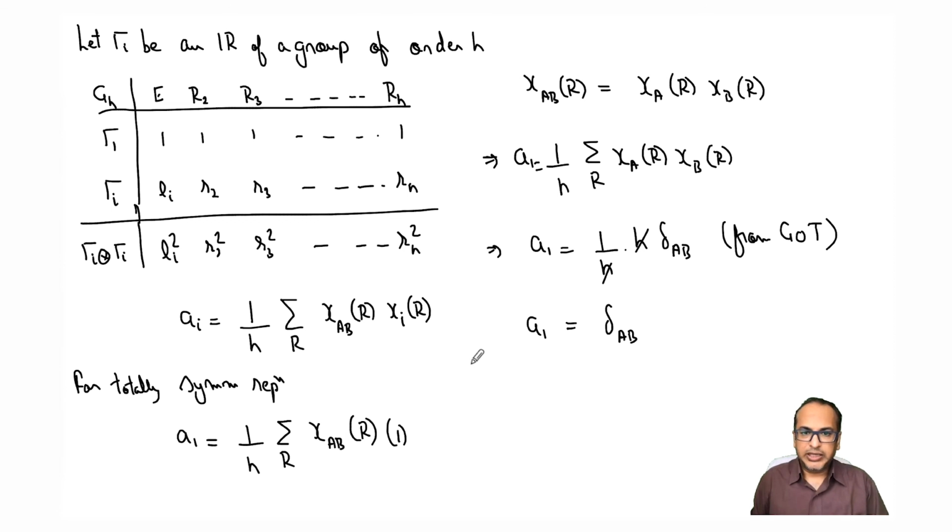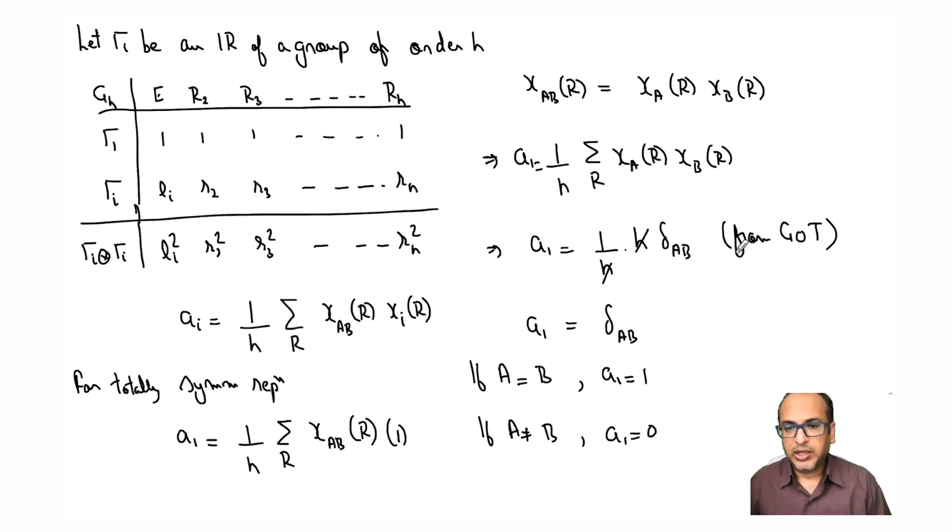Now we can say that if A is equal to B, then A1 is equal to 1, and if A is not equal to B, A1 is equal to 0. So here we have shown the first case which we wanted to show.